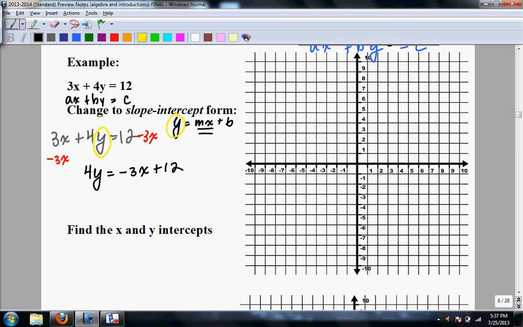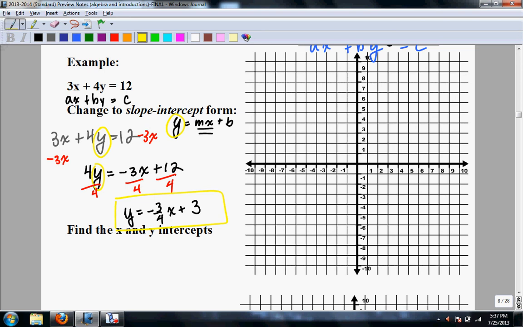Again, your goal is to get y all by itself, so I'm going to divide everything by 4. I get y equals negative 3/4 x plus 3. And then you graph it. Now that's called changing to y equals mx plus b.